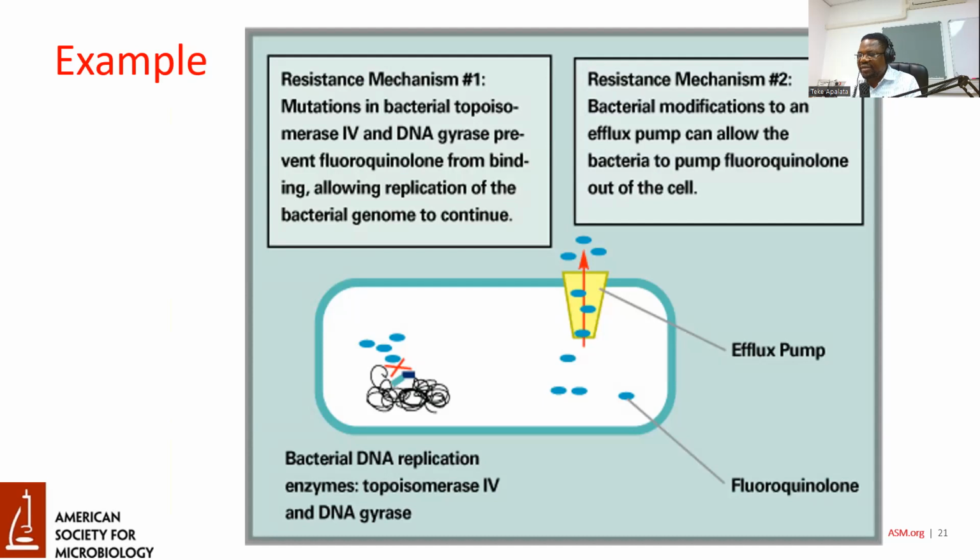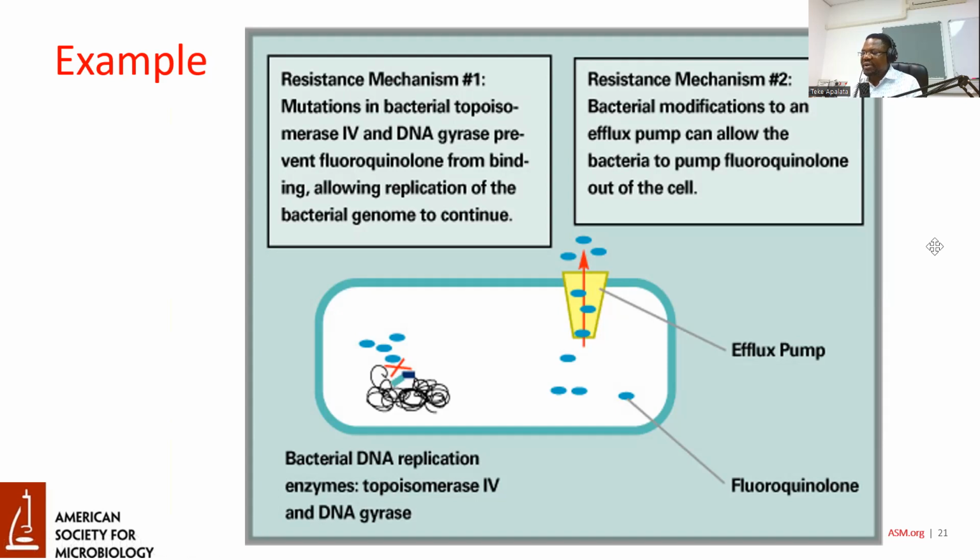Those are the target enzymes that they attach to in order to prevent replication. So mutations in bacterial topoisomerase 4 and DNA gyrase will prevent fluoroquinolones from binding, and there will be resistance development.